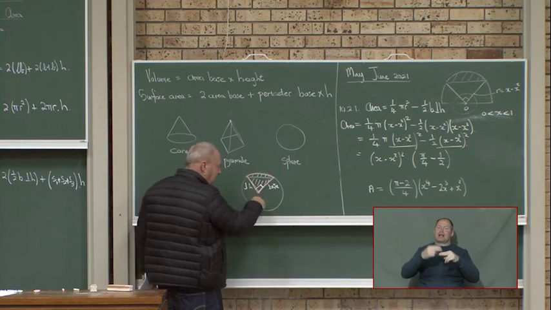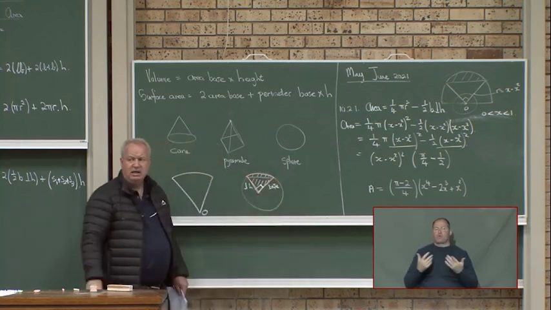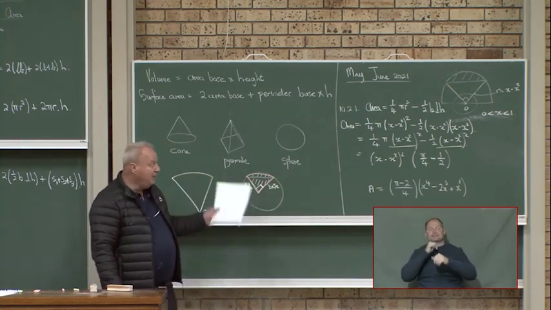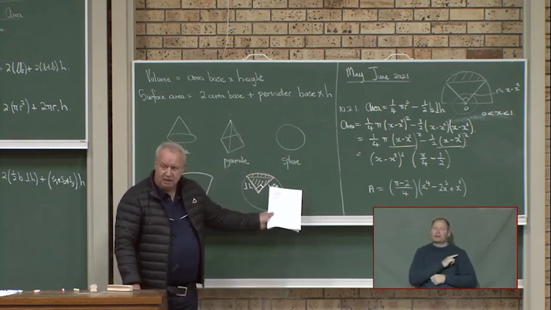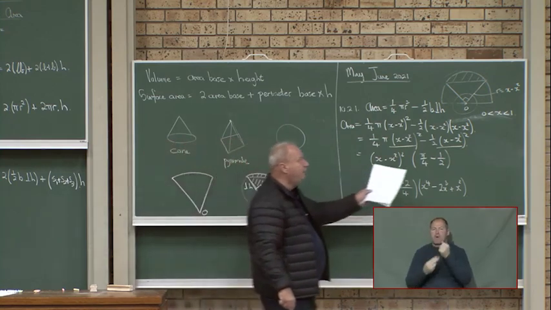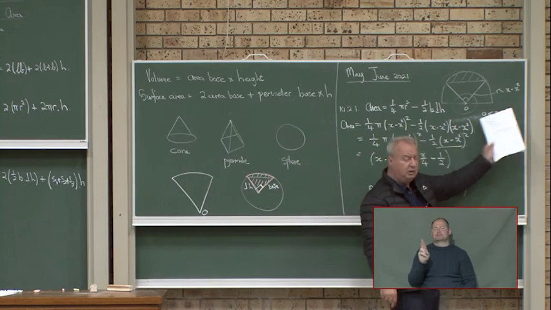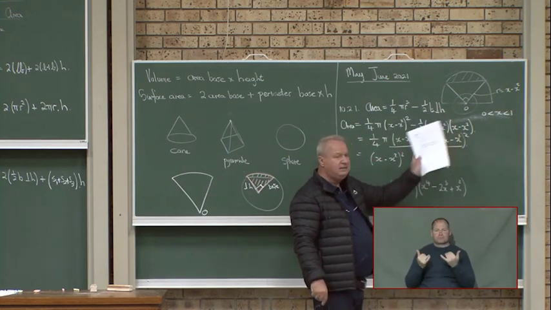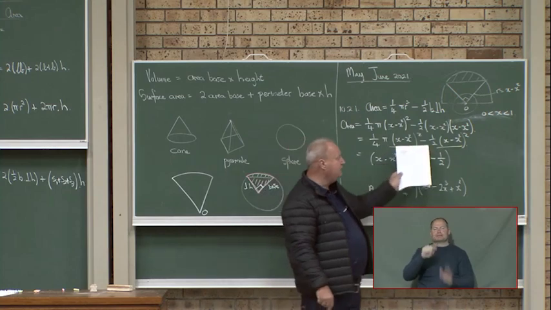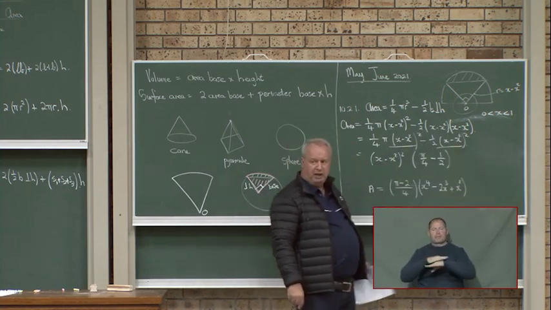Or we can call that the base and that the perpendicular height. It doesn't matter. In this case, the base and the perpendicular height represent the radius. And the radius is given by the formula x minus x squared. So the base is x minus x squared, the perpendicular height is x minus x squared, and that is x minus x squared, all to be squared.